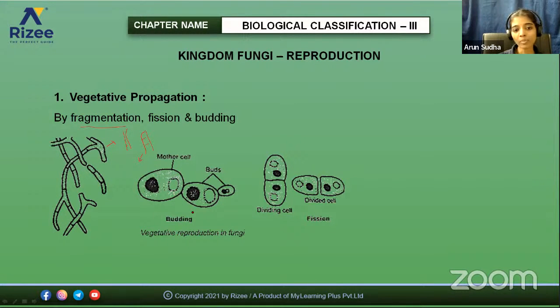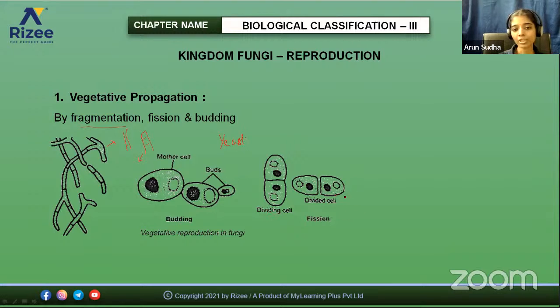In the case of budding, the buds form at one end, then they detach from the parent and grow as a new individual. This particularly happens in yeast, which is a unicellular fungus.